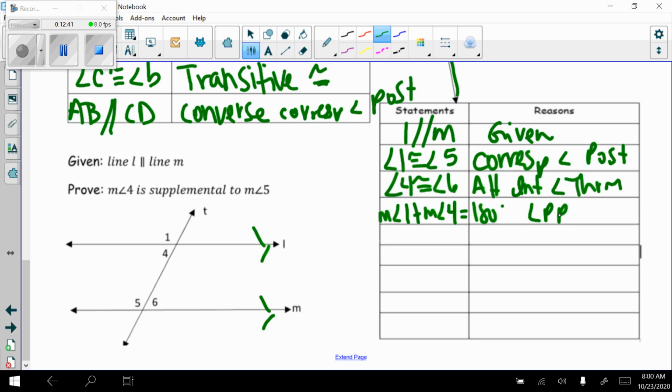I know that angle 1 is congruent to angle 5, so if I change the congruence to equals and say the measure of angle 1 equals the measure of angle 5, by definition of congruence, I can now replace measure of angle 1 with measure of angle 5, and I could say measure of angle 5 plus measure of angle 4 is equal to 180 degrees by substitution.